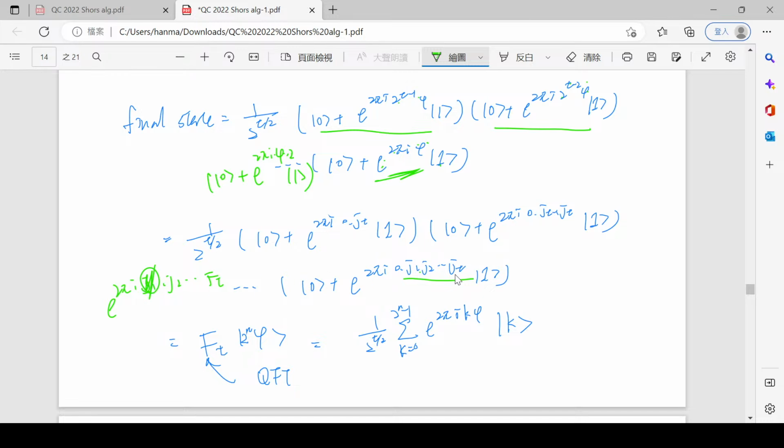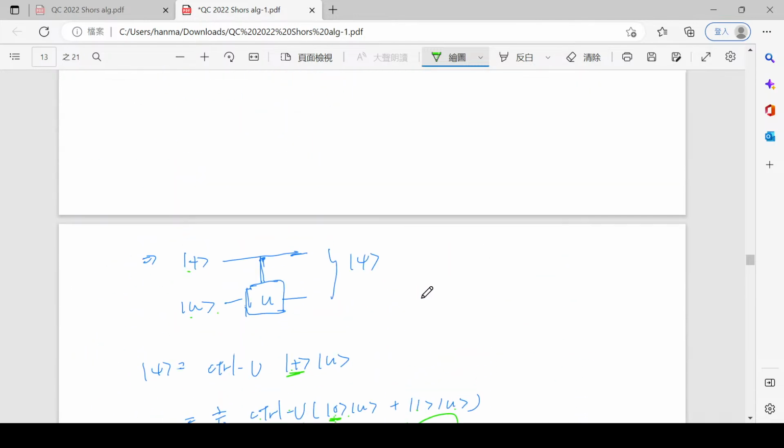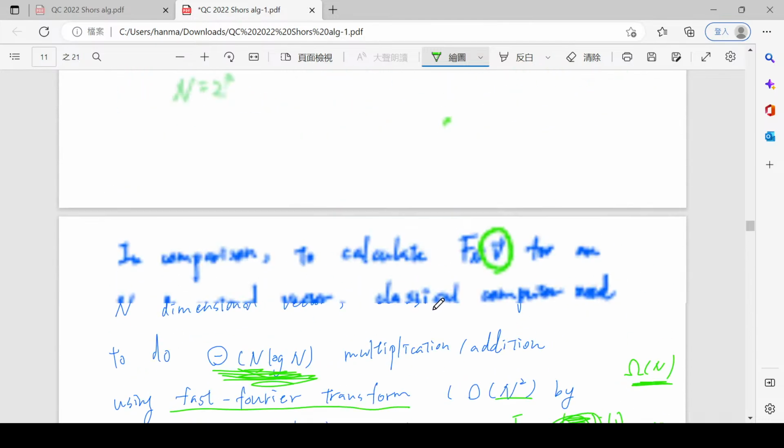And similarly, when you apply more and more powers of two, you are eliminating those j's one by one until at the end you get 0.j_{t-1} j_t and 0.j_t. Okay, and just as we saw before, this is what we get in our quantum Fourier transform, right?